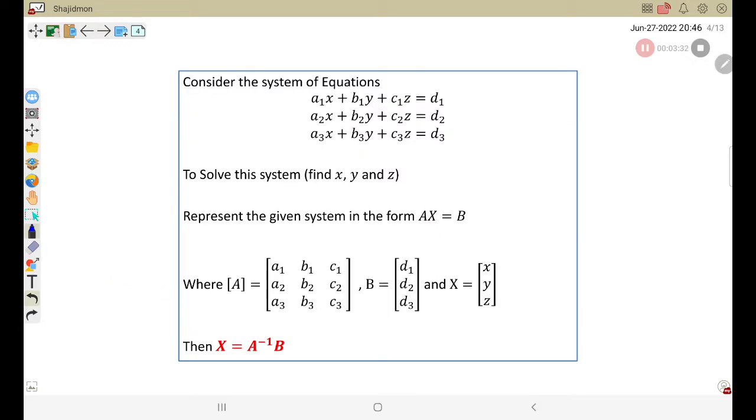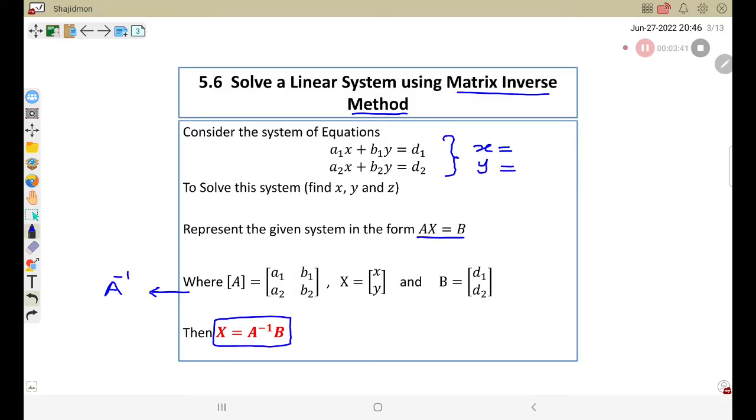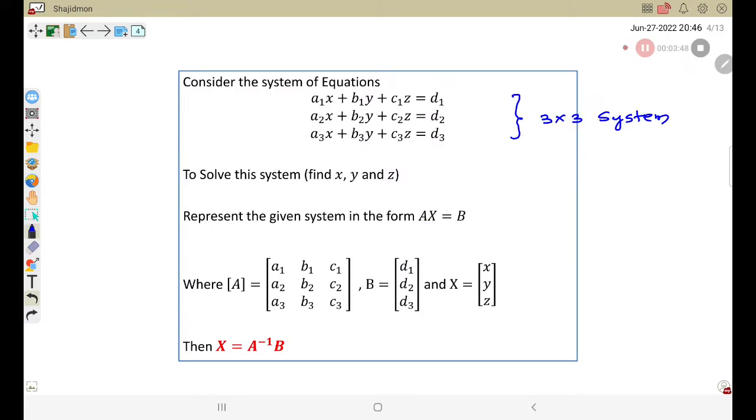Now the same idea we can extend to a 3 by 3 system also. Here, see, it is a 3 by 3 system, correct? Before it was 2 by 2 because there were 2 equations and 2 unknowns. Now here it is 3 equations and 3 unknowns. So as usual, to solve this system we need to calculate the x value, y value and z value. Represent the given system in the matrix form Ax equal to b. Matrix A is just the numbers behind x, y and z in the 3 equations.